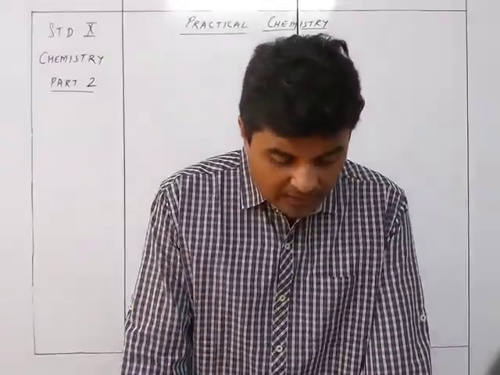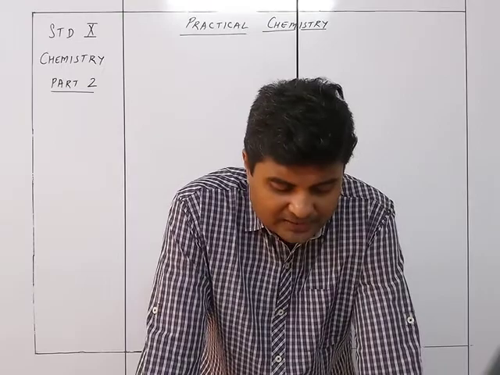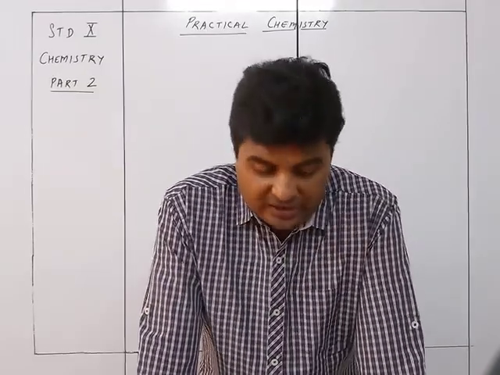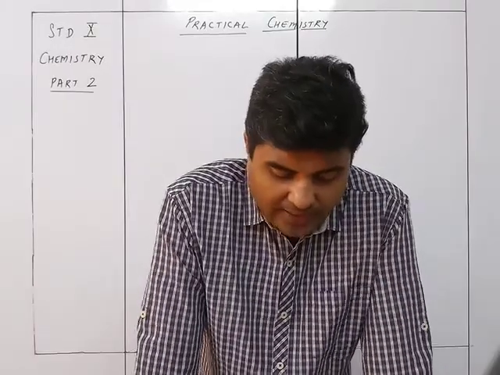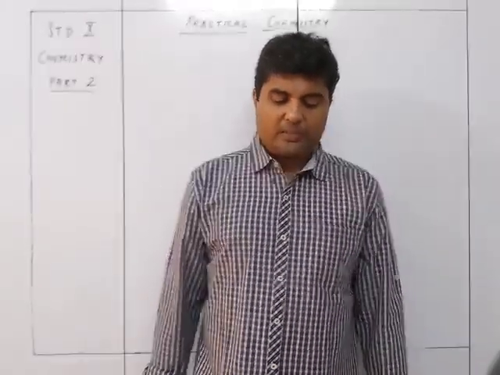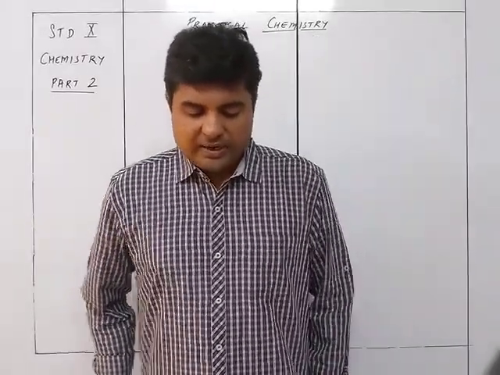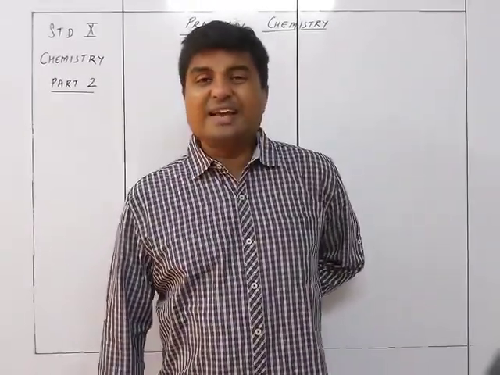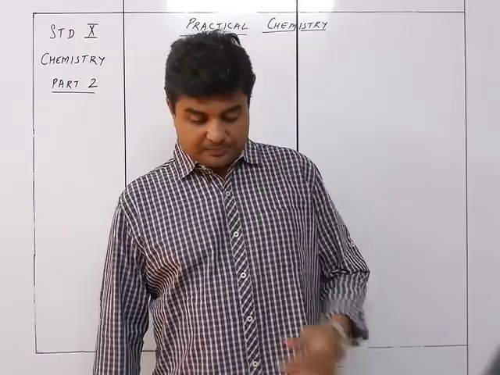So Pb2+ will give you chalky white precipitate of lead hydroxide with NaOH, which is soluble in excess, whereas with NH4OH, it is going to give me chalky white precipitate of lead hydroxide, which is insoluble in excess.